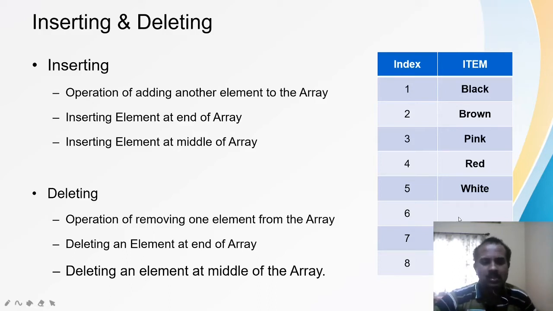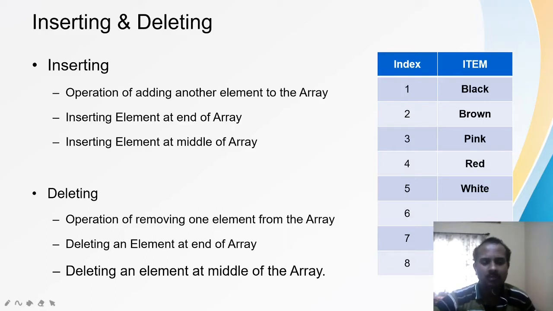When I want to insert any element into the array, I have to check whether the proper memory is available or not. So I will check that. I have the memory, right? The 6th position is free, the 7th position is free, and the 8th position is also free. So I have sufficient memory. I can insert 3 elements if I want to.